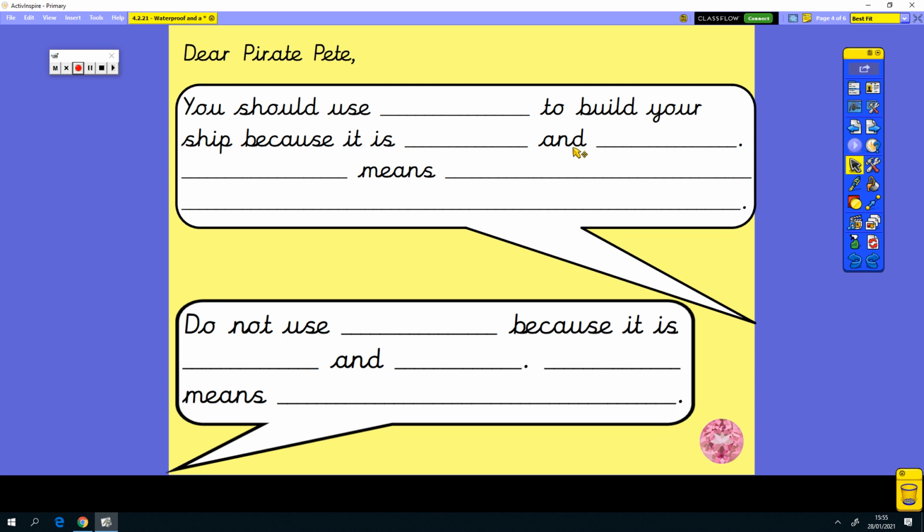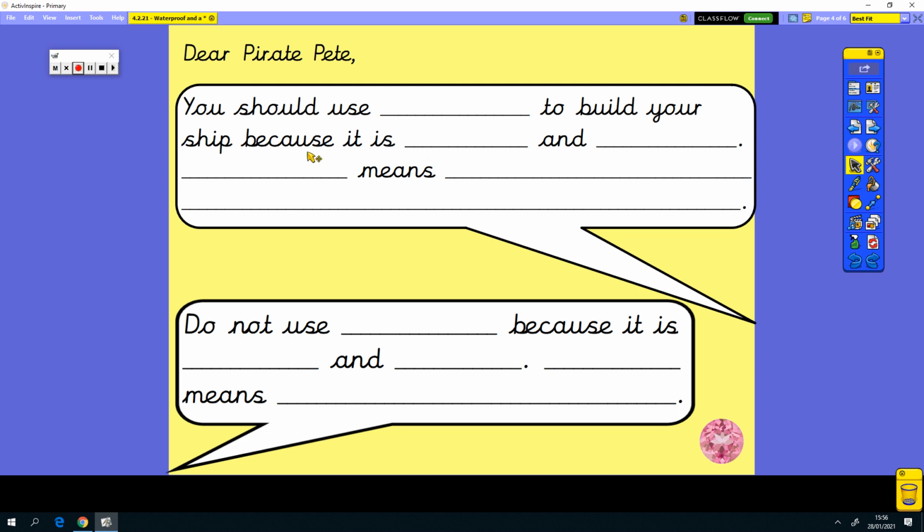Oh, but look, there's the word and something. What scientific language could we use that we've already learned? His ship needs to be waterproof. Does it need to be see-through? Does it need to be transparent? No, probably not. I know. He needs his ship to be rigid. Rigid.